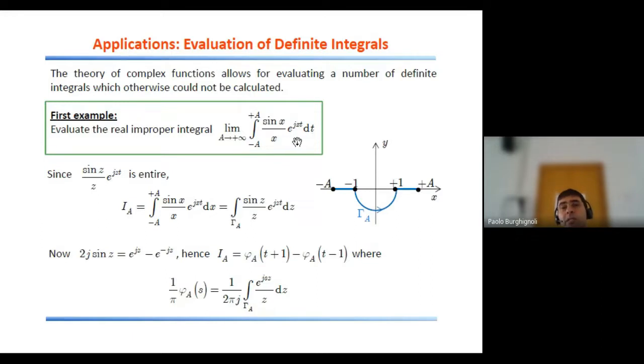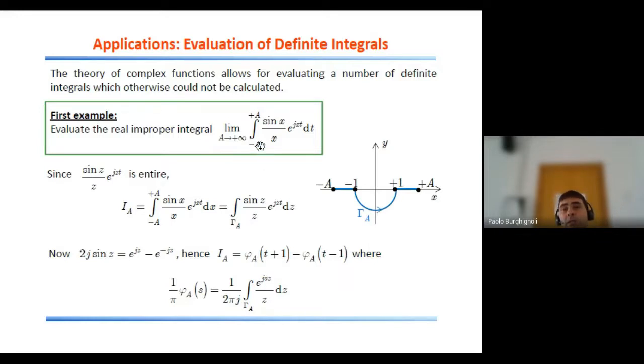Even though the exponential is complex, this could be split into cosine and sine functions, and so what we would get is two real integrals. But it's convenient to take this complex exponential here, because, as we will see now, we will be able to apply the residue theorem and therefore evaluate this integral in the limit when a goes to infinity.